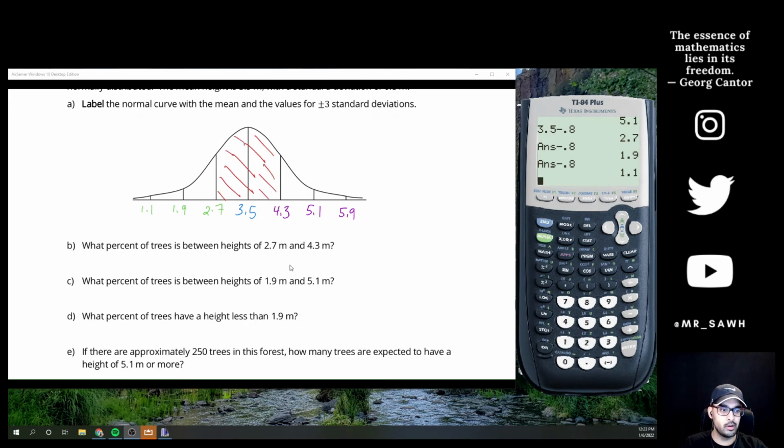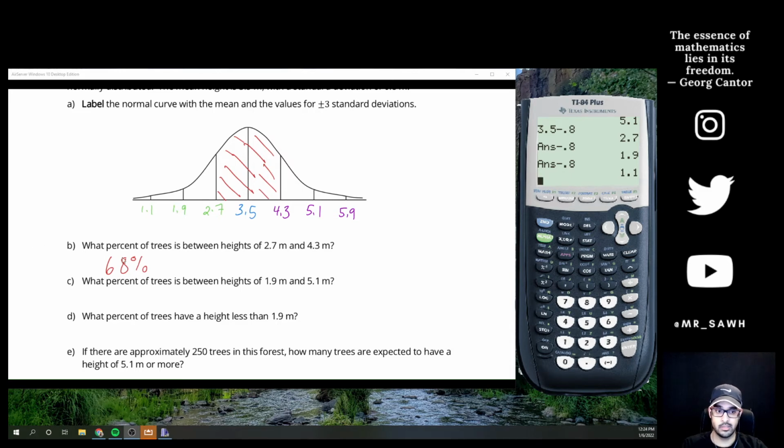The percentage of trees between these two heights. Well, I've just shaded in the region that is one deviation above the mean and one deviation below it. And since this is symmetrical, we said within that first standard deviation boundaries, 68% of all data will fall in that range. Every time something is normally distributed, it'll fall in the range of 68% within one standard deviation.